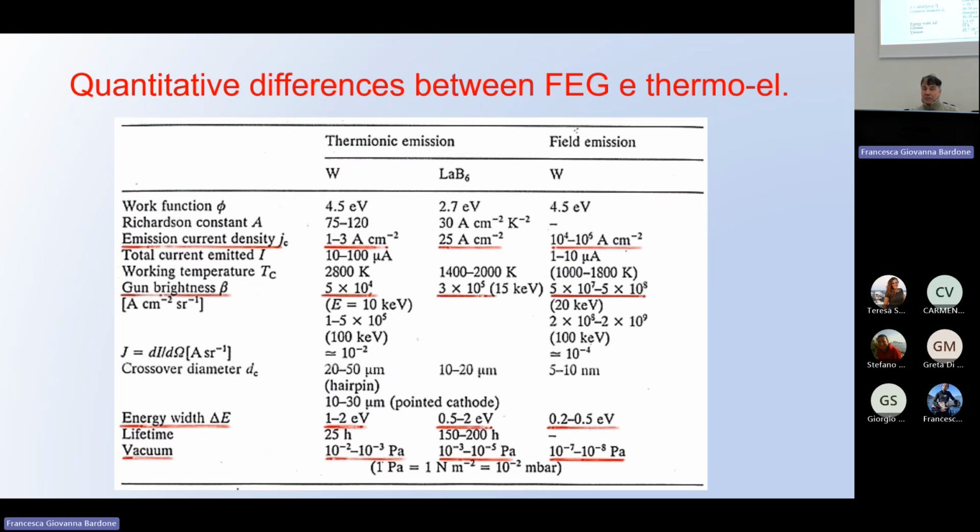It's a very, very high brightness of the instrument. So you can have a small probe, a few nanometers in size, with a huge amount of electrons. You can move this small source on the surface, and you have a lot of signal, even with a very, very small source. So you have increased the resolution down to the nanoscale with enough signal to create an image, but only with this type of instrument.